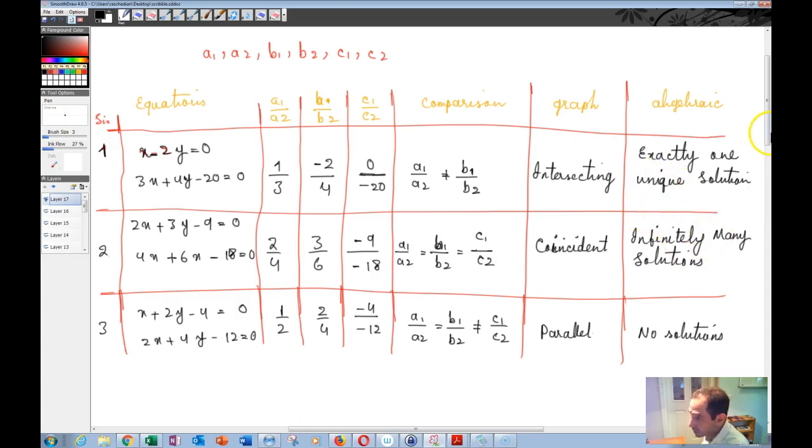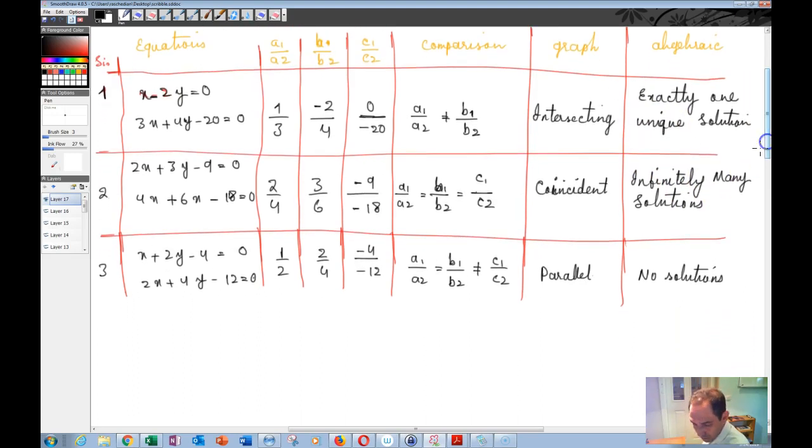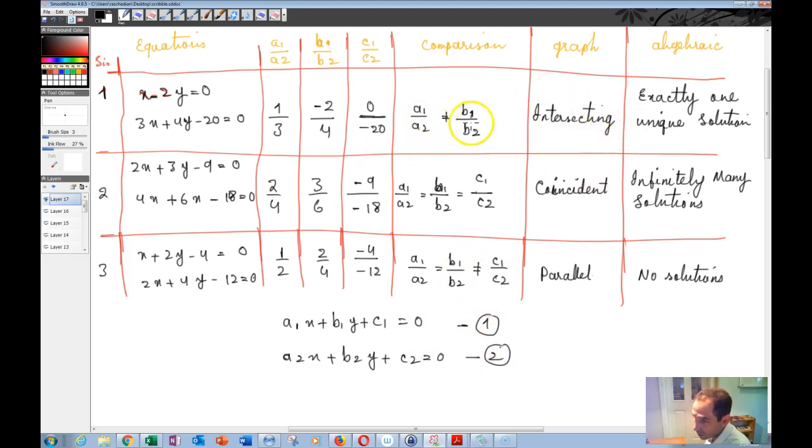and so again, from this table you can see that if you have two lines, for example, a1 times x plus b1 times y plus c1 is equal to 0, number 1, and you have another line a2 times x plus b2 times y plus c2 is equal to 0, number 2, then if these two lines are intersecting, in that case a1 to a2 is not equal to b1 to b2.